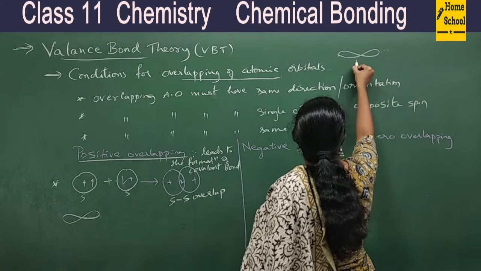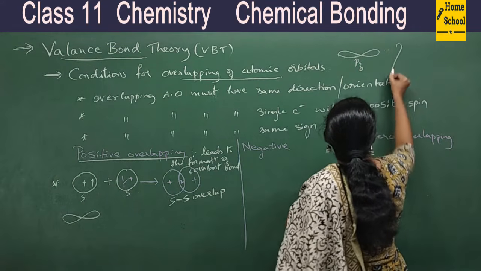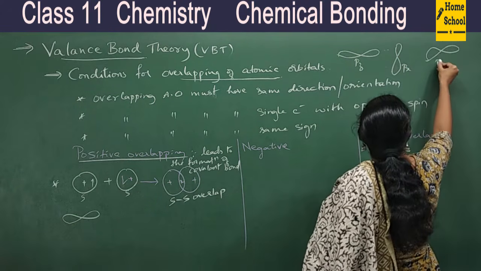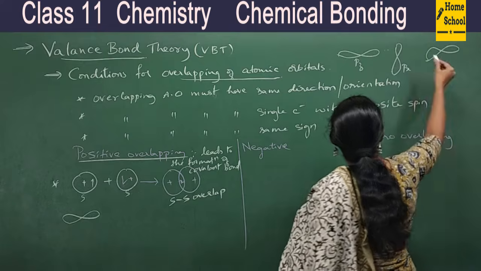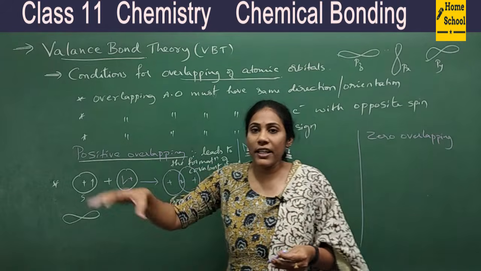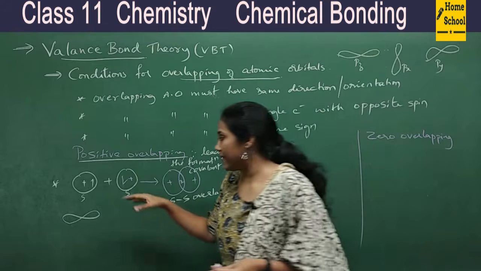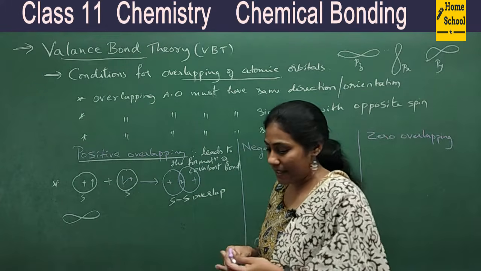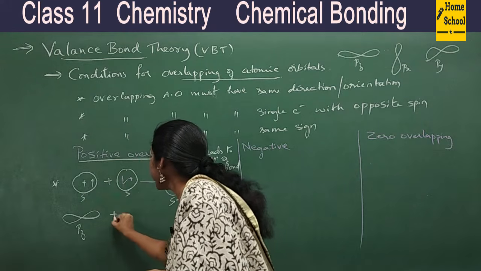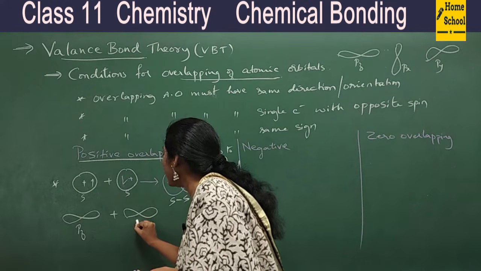We call this the pz orbital, this the px orbital, and this the py orbital. Right? So this is the pz orbital and this is another pz orbital.